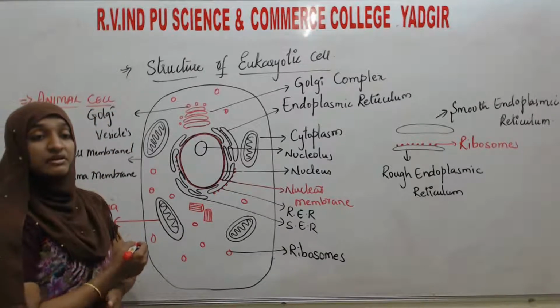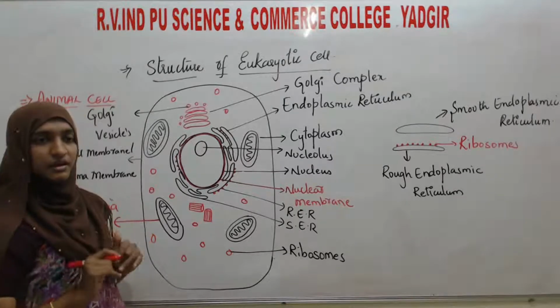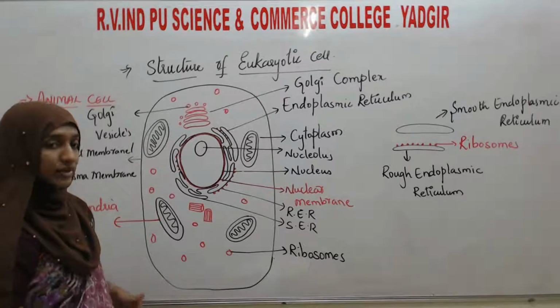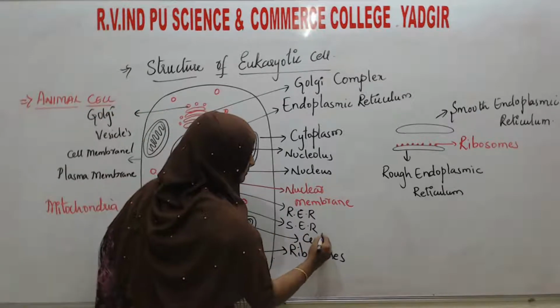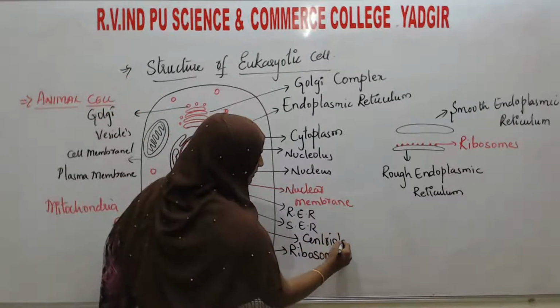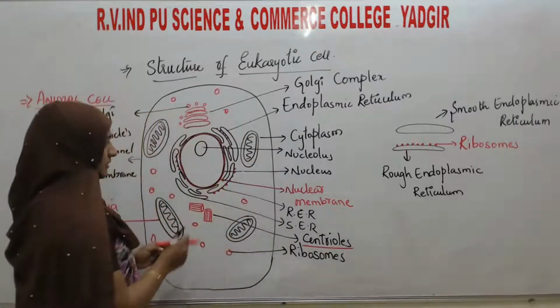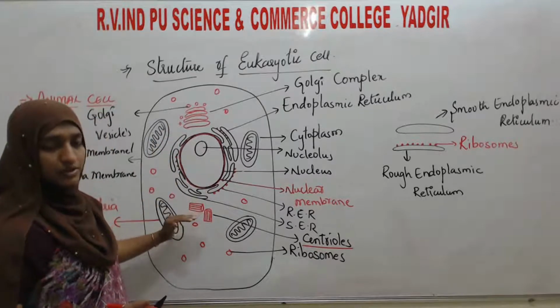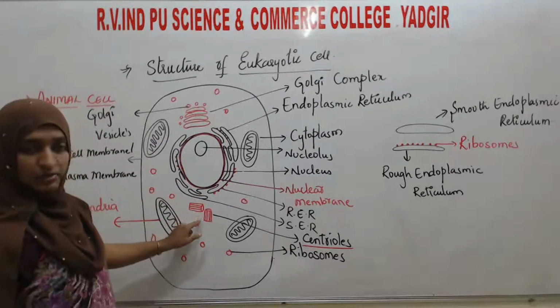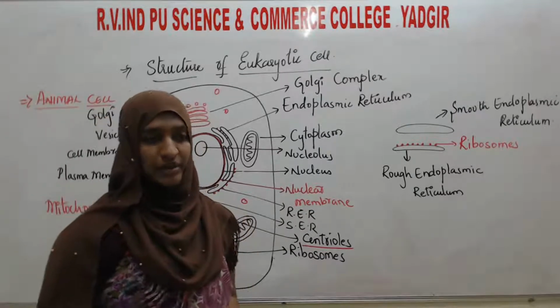It is mainly meant for cell division only in the animal cell, not in the plant cell. And the name of that particular cell organelle is centrioles, which lie just above or just below the nucleus. How are they arranged? They are arranged in a perpendicular manner.